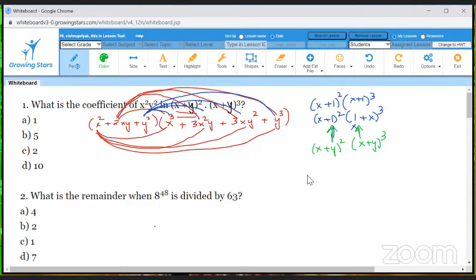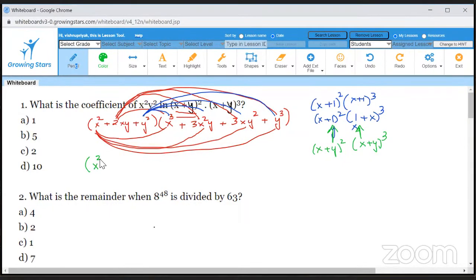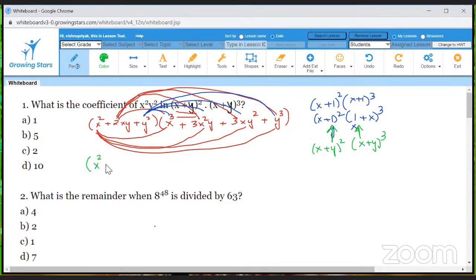And then you can say coefficient of x square, y square. What will it be? So in the first expansion, you will have x square plus 2x, y is 1. In the second one, x is 1.